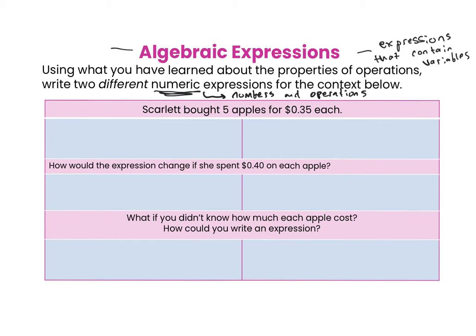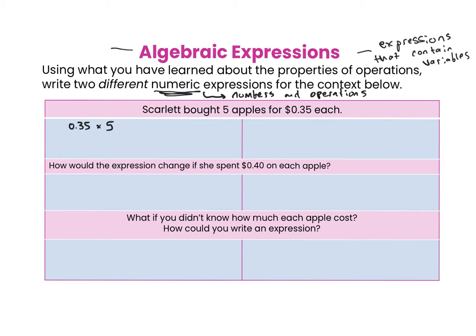Now, when we were doing this warm-up, 2 different students gave us 2 different expressions, and they were each equivalent. Kara said, well, that's like if we have 0.35 dollars per apple, and Scarlett's buying 5 apples, then we can just multiply that by 5. And because we are now using x as a variable, I went ahead and rewrote this.